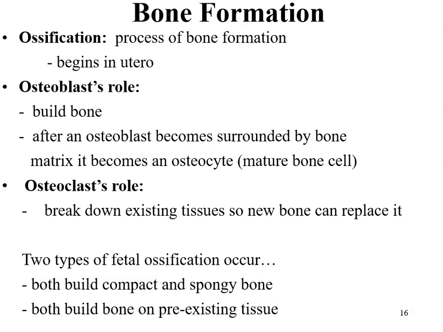So, spongy, then compact bone result from both processes. Also, there's going to be some kind of pre-existing tissue that ossification replaces with bone. So, both processes are going to start with something instead of creating bone out of nowhere.